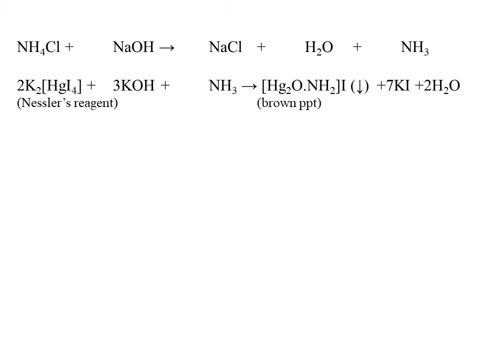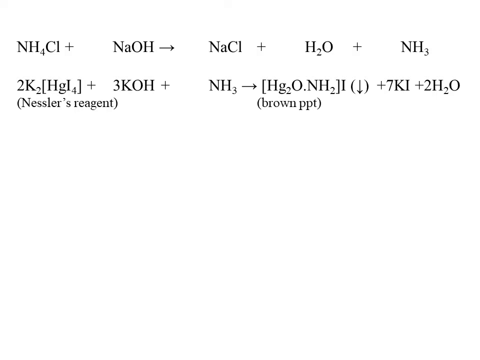When ammonia reacts with Nessler's reagent, it forms this particular compound, Hg2O.NH2.I, which is a brown precipitate. Along with this precipitate, it forms potassium iodide and water, a transparent solution, so we are not interested in that. So the formation of the brown precipitate confirms that ammonia is there.